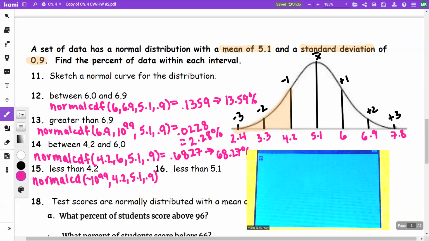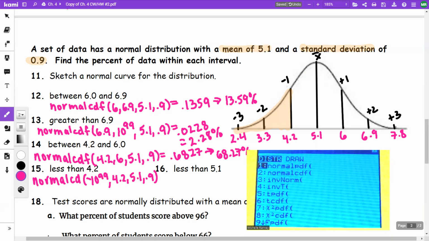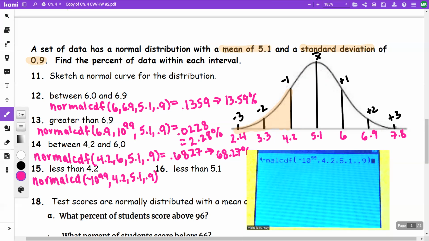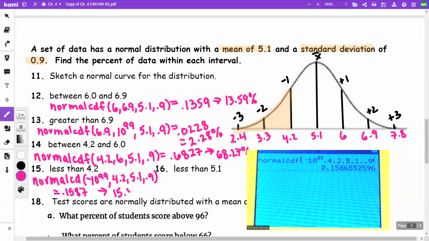And so when I put that in, I go down to number 2. Negative 10 to the 99, not minus. You want to make sure you do the negative. 4.2, and everything else can stay. And I end up with a 0.1587. So about 15.87%.